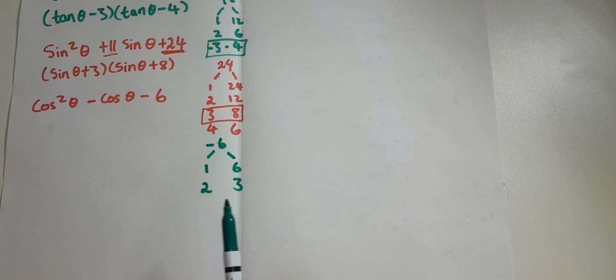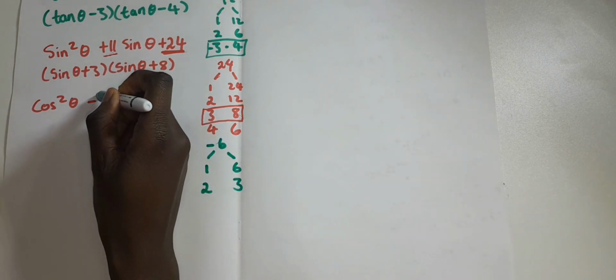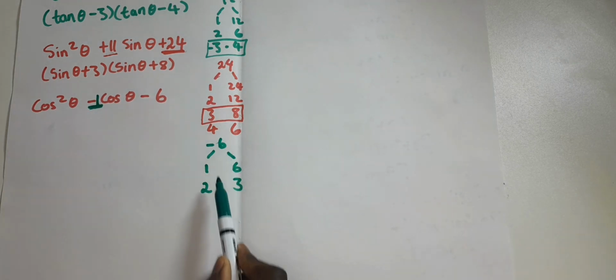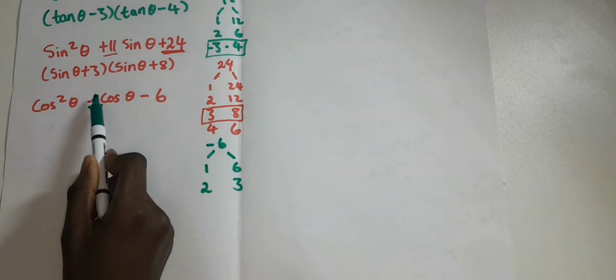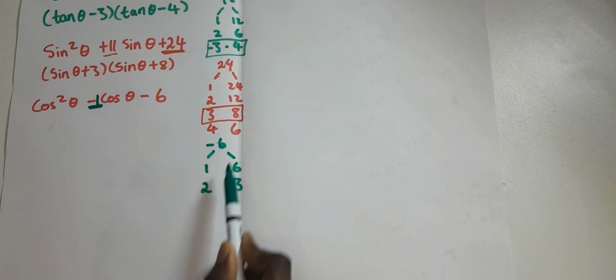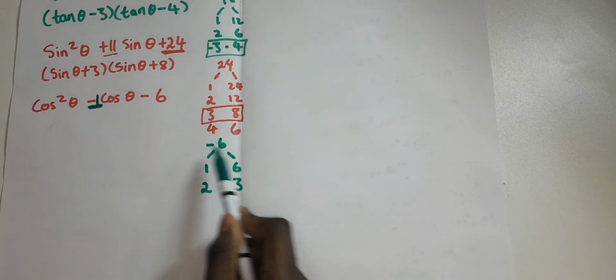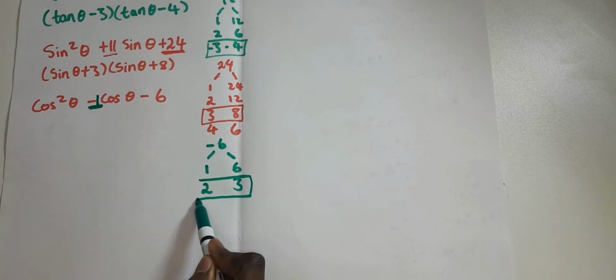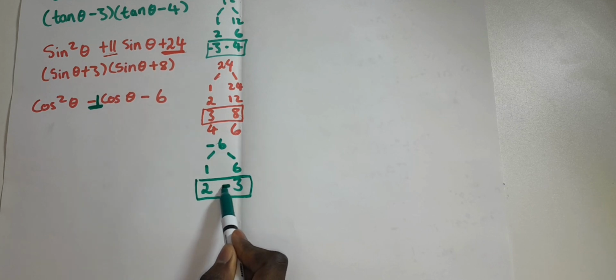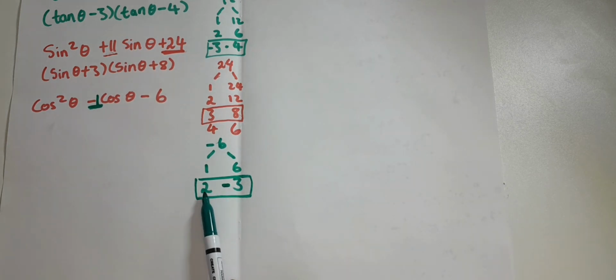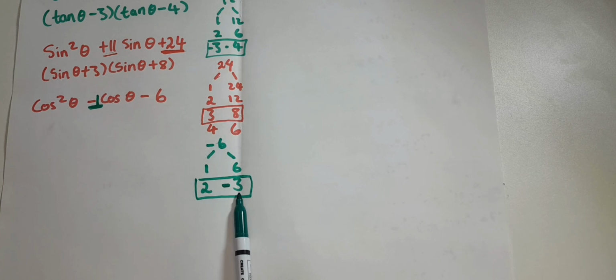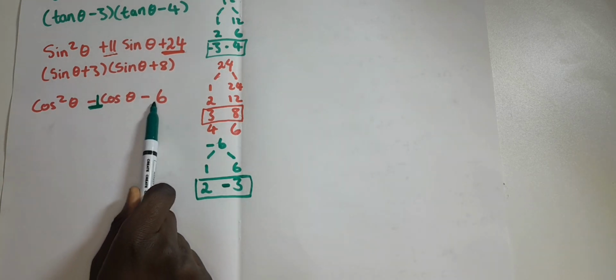So now you check. There is a negative 1 here as the value of b. You are looking for the factors that when you add them give us negative 1, and when we multiply, give us negative 6. I noticed that if I take 2 and 3 and make my 3 negative, 2 minus 3 is negative 1, then 2 times negative 3 would be negative 6.